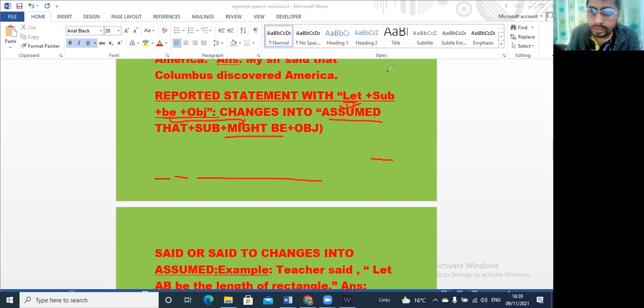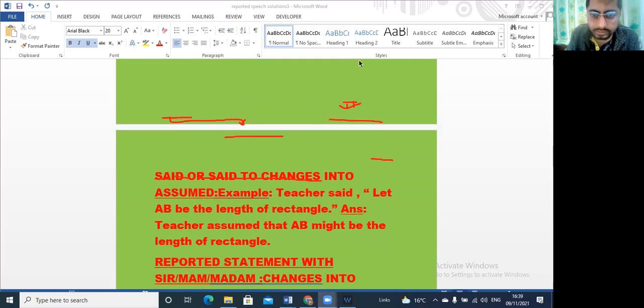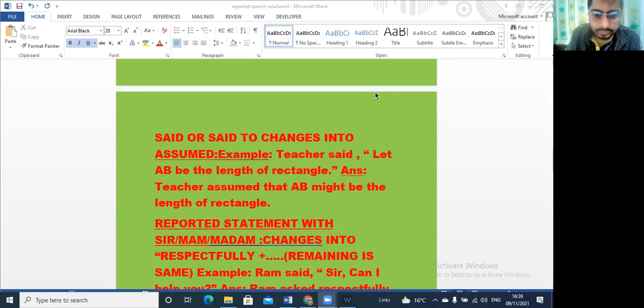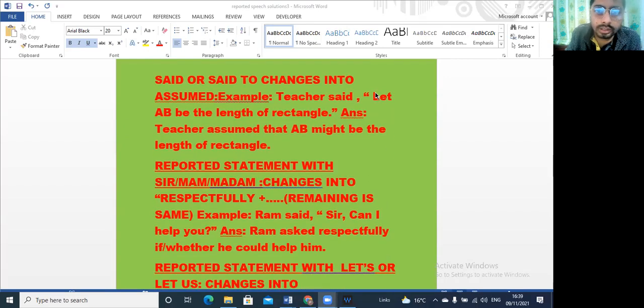Now, let's move downside here. Firstly, let me clear out my rough work. Here we go. Let's start with a question. Teacher said, let AB be the length of rectangle. What would be the answer?